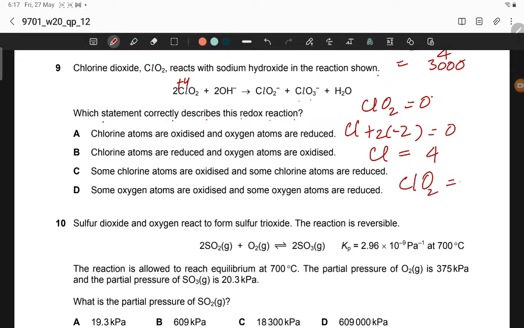ClO2 minus 1: Cl plus 2 minus 2 is equal to minus 1, Cl is equal to plus 3.